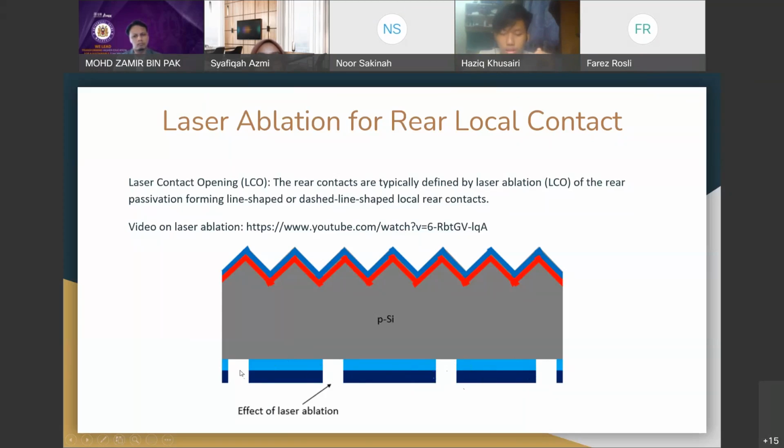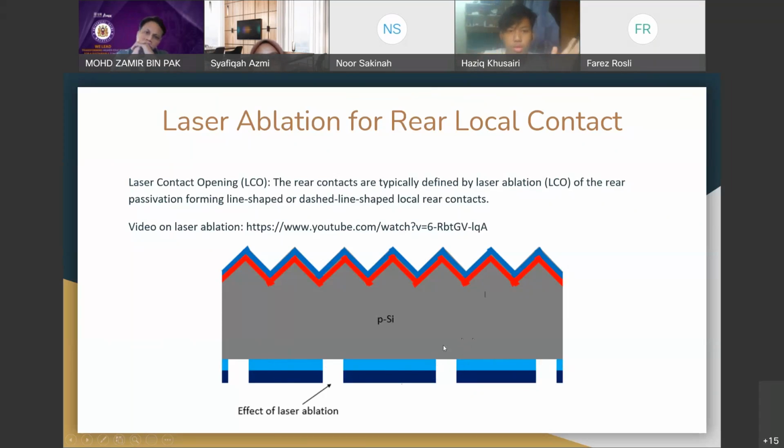In the conventional cell, we use photolithography and then we etch them and then we move on to LFC, laser firing contact. But LFC is used for aluminium back surface field only, but in PLC we want to make aluminium local back surface field.